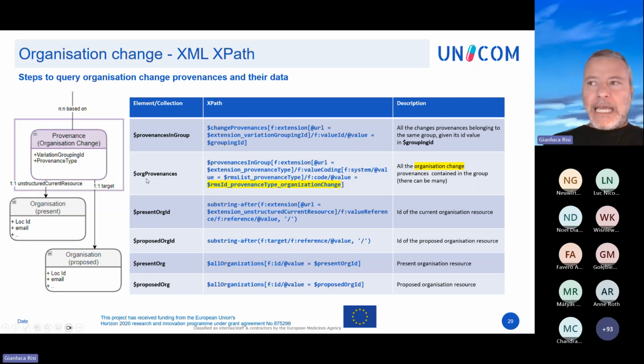So the second line has the same query as the corresponding line of the other slide, but in this case, we are filtering for the value 998.